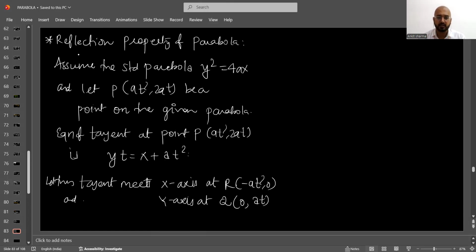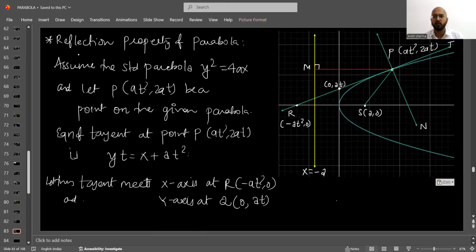For the things we have discussed, we can have a quick view. I have this parabola and this is my point P, which is at square comma 2at. The tangent line meets the x-axis, that means the axis of parabola, at point R, which is minus at square comma 0.